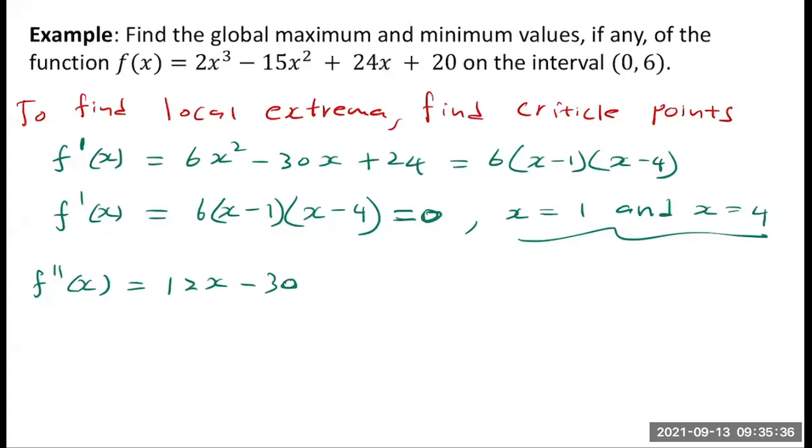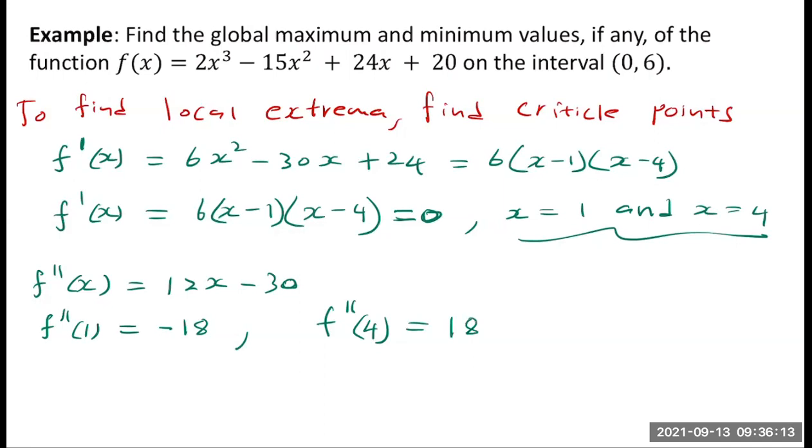Then I'm going to plug in x is equal to 1 and x is equal to 4 in f double prime. f double prime of 1 is equal to 12 times 1 minus 30, which is minus 18. And if I plug in x is equal to 4, you get 18.